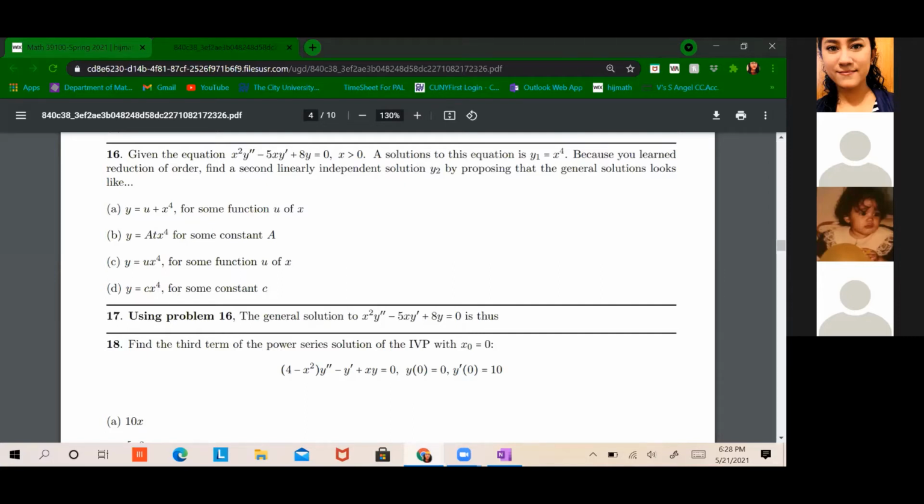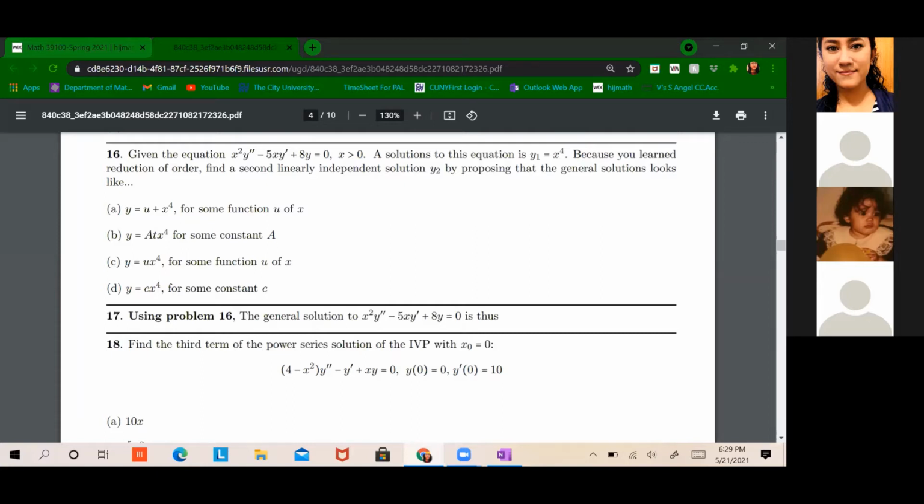Yeah. So you do y equals u times x to the 4th, and then it would help to find the first and second derivatives of y. You would get u prime x to the 4th plus 4x to the 3rd u for the first derivative, and for the second derivative you would expand that.